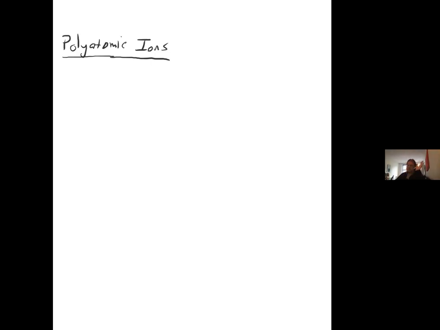First of all, polyatomic ion, just what that means. Poly means several or many. Atomic means atoms, so several or many atoms. And these are ions, which means that they're positively charged or negatively charged. Okay, so let's go through a bunch of them.